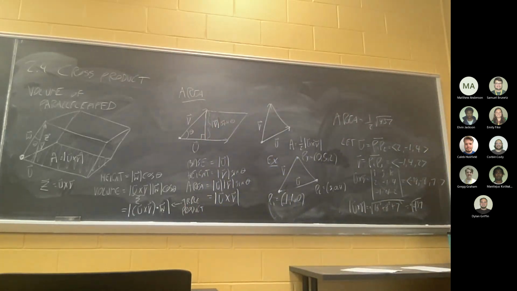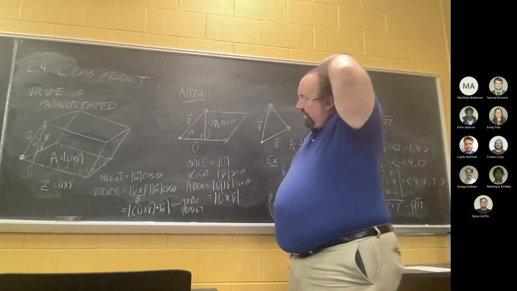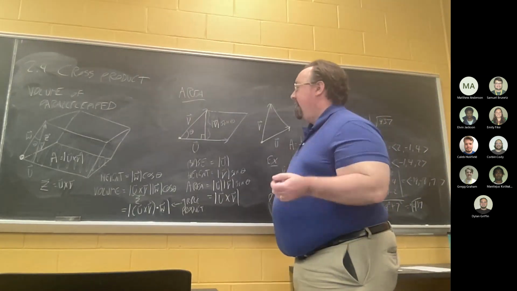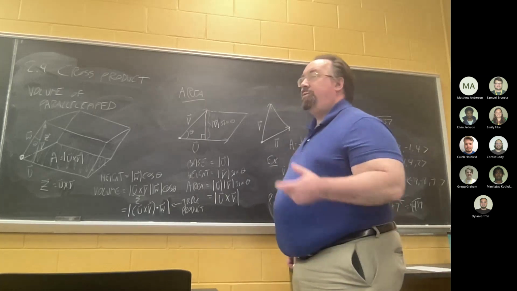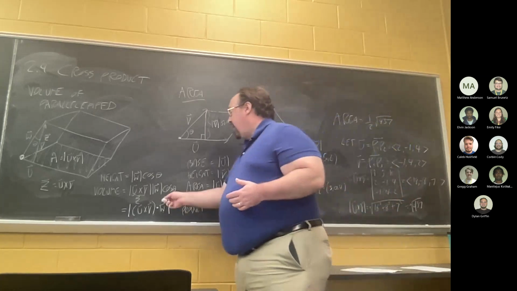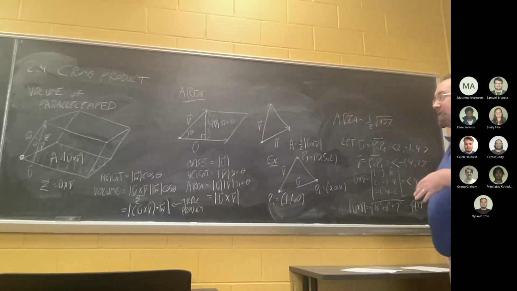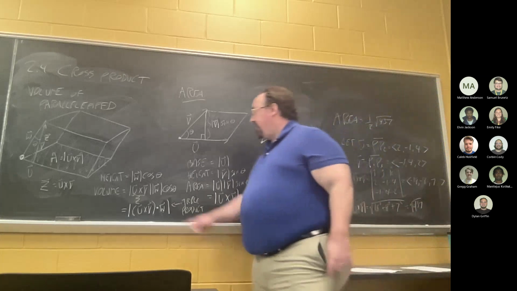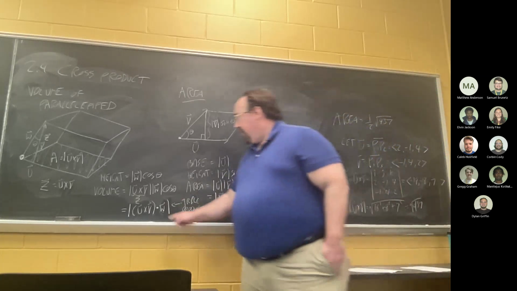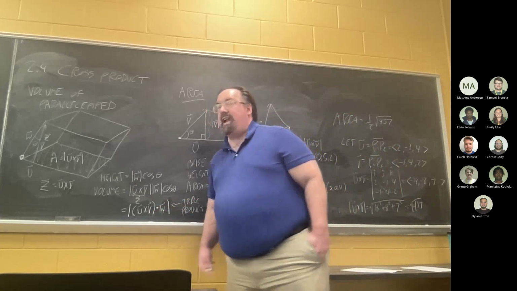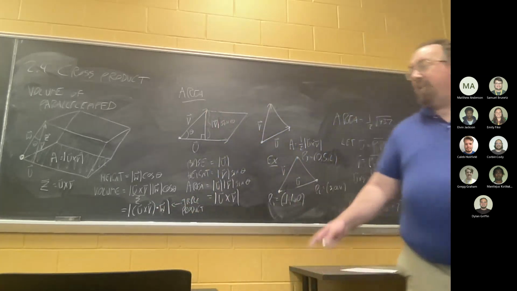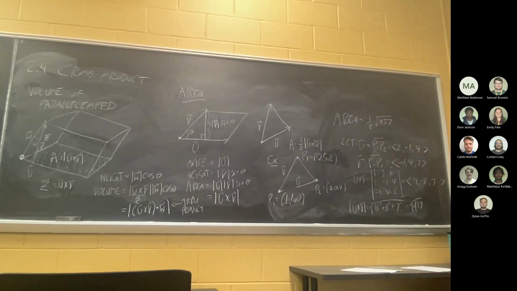So if you have U, V, and W sharing a vertex as an initial point, you pick two of those, it doesn't matter which two, take their cross product, then take the dot product of that vector with the remaining vector, W in this case. And don't forget to take the absolute value, because the dot product is allowed to be positive or negative. If I took U and V and switched them, I'd have a change of sign in the whole expression. That's why I take the absolute value.